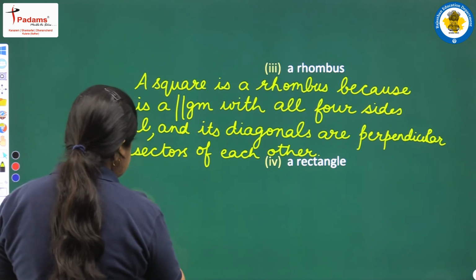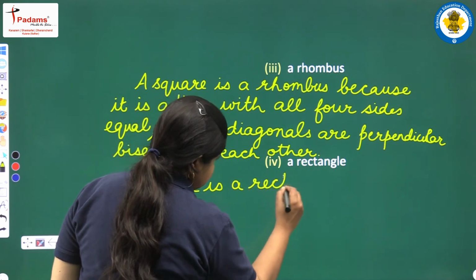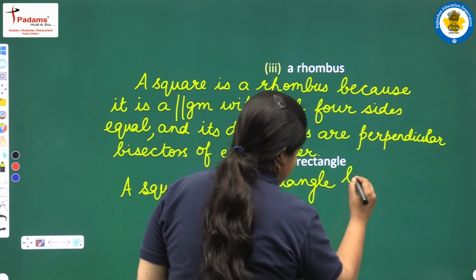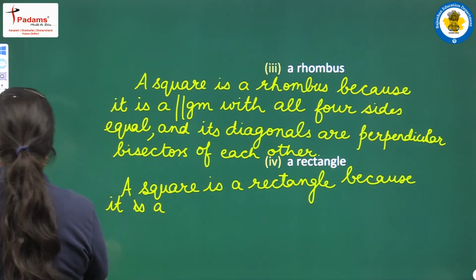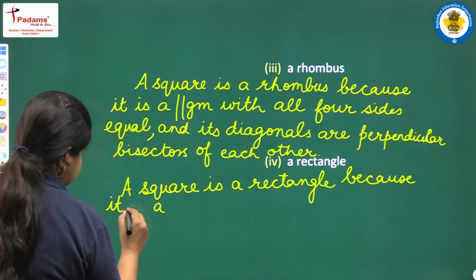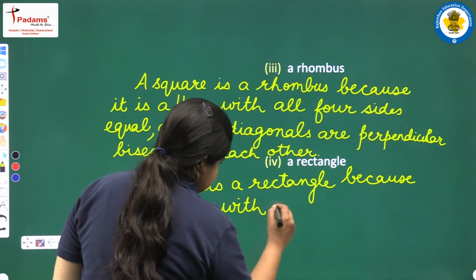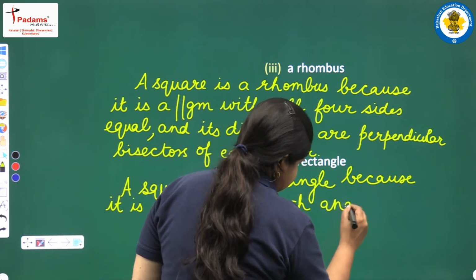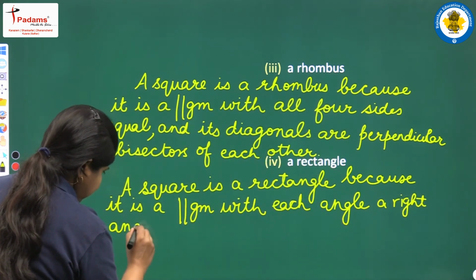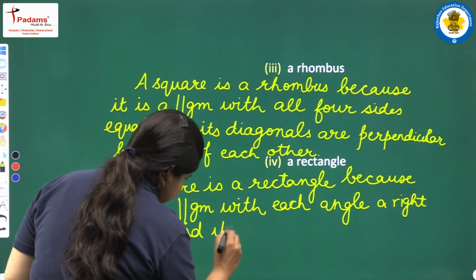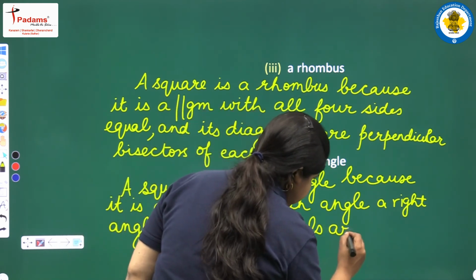So we can say a square is a rectangle because it is a parallelogram with each angle a right angle and its diagonals are equal.